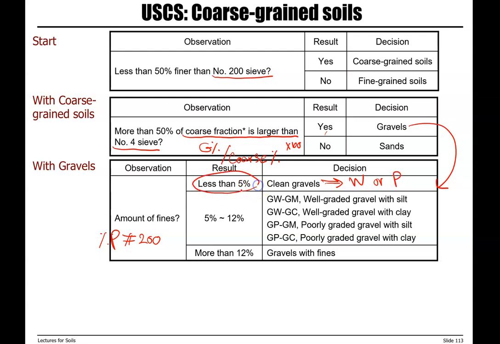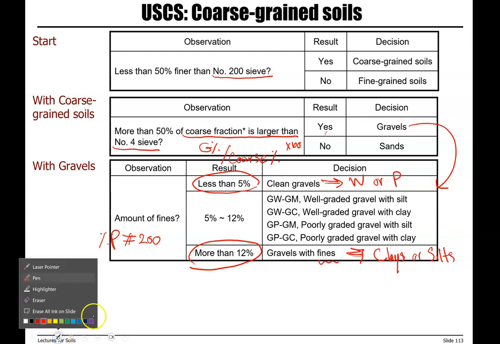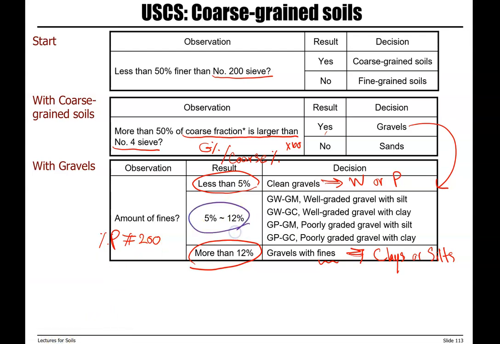If it's more than 12%, then it's gravel with fines. We have too much fines to ignore, so we need to know if the fines we have in our gravel are clay or silt. And if the number is between these two, then you need to do both of these. It's a dual symbol.